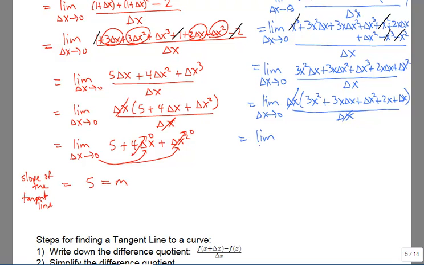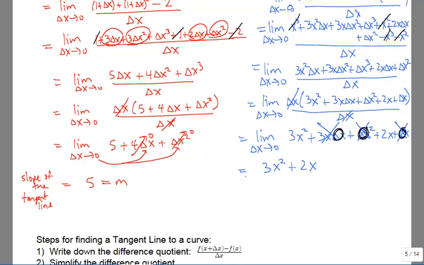And once you do that canceling step, you're ready to plug in 0 for just the delta x quantity. Don't plug it in for x, just plug it in for delta x. So this becomes a 0, this becomes a 0, this becomes a 0. And that means what we're left with is the 3x squared, this whole term goes away, this term goes away, this term goes away, plus 2x.